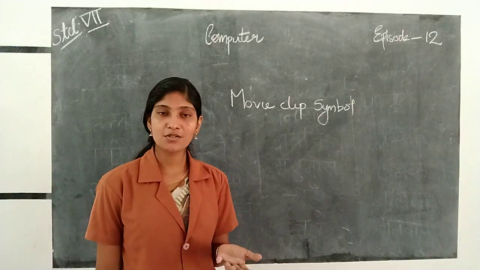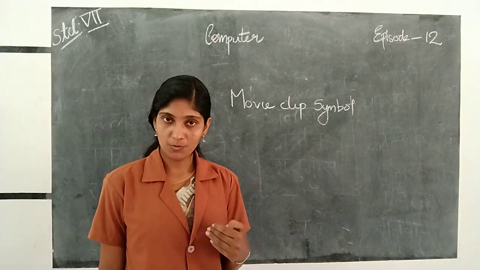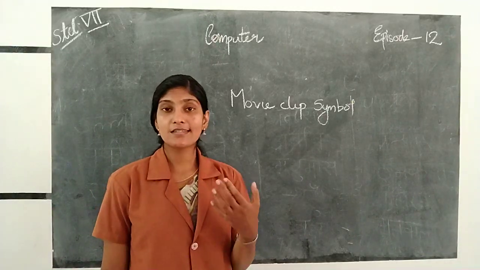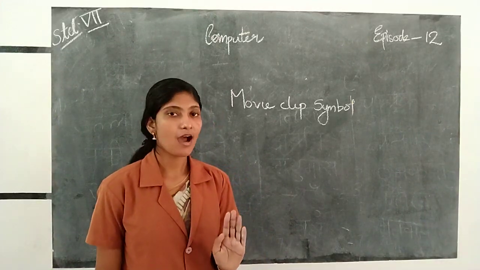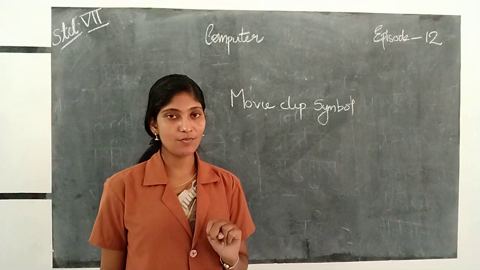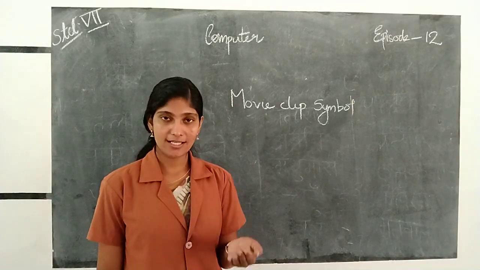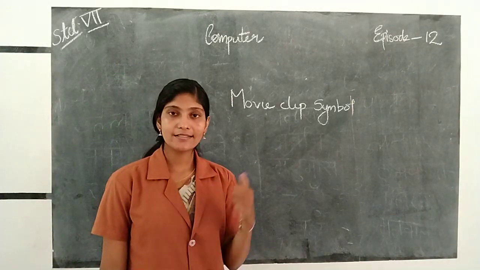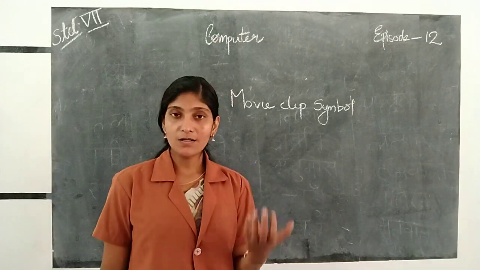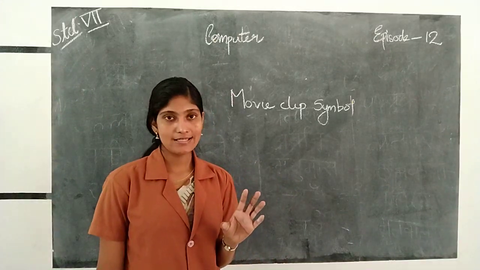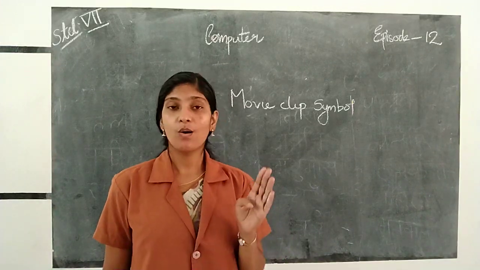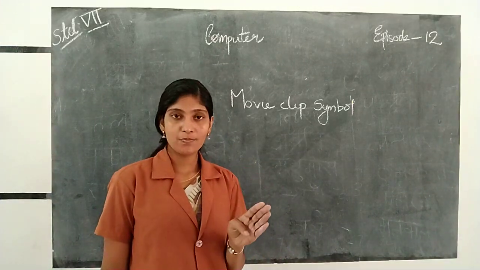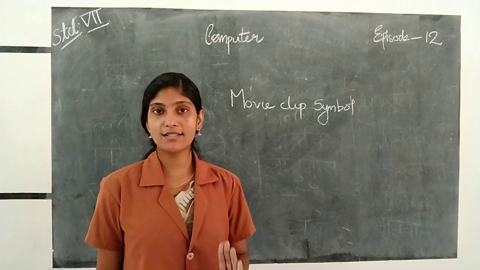Then what is the function of the up state? When the mouse pointer is not over the button, such a state is known as the up state. The second one is the down state. That means when we click the mouse pointer on the button, that state is known as the down state. Then what about the over state? Over state means when the mouse pointer is over the button.